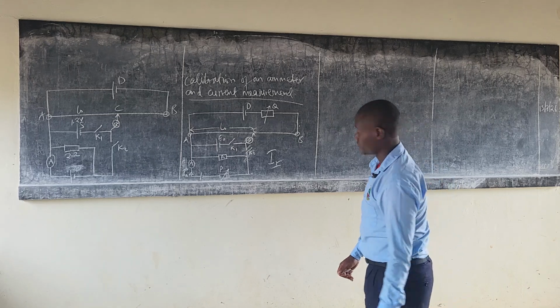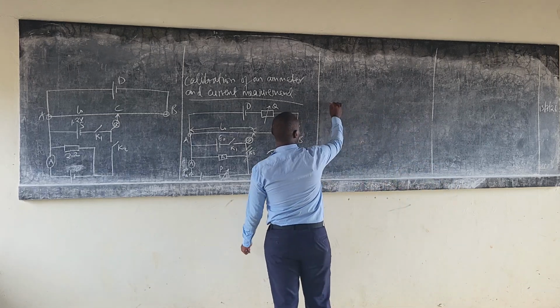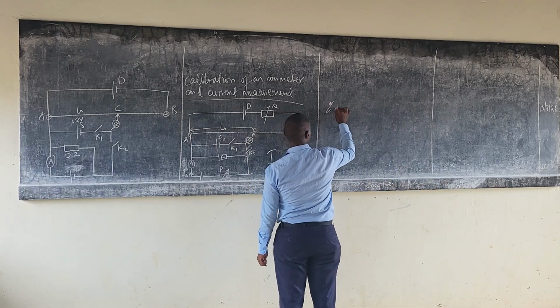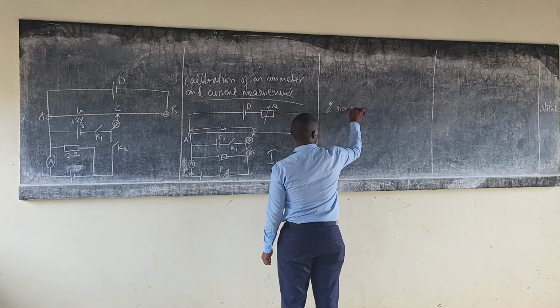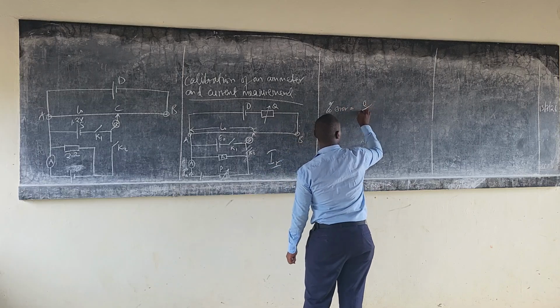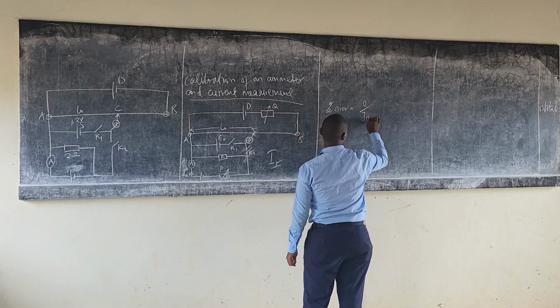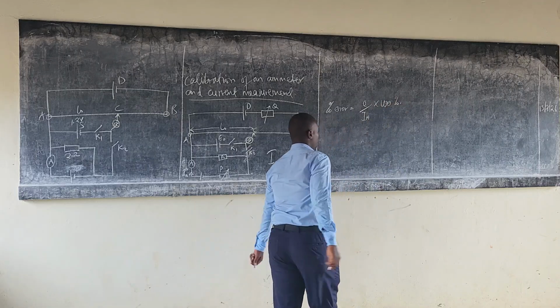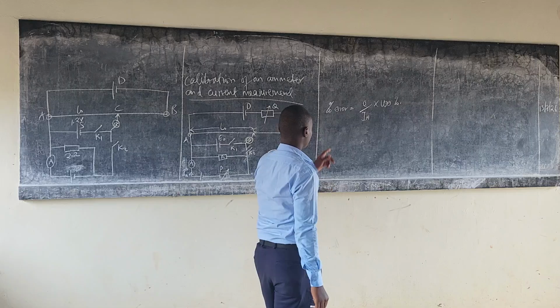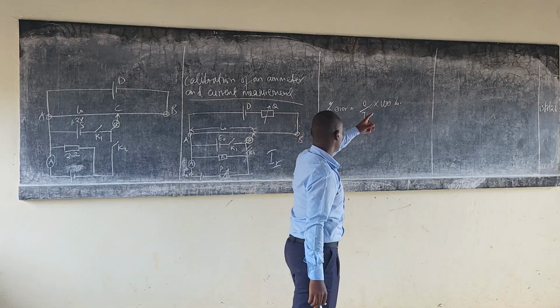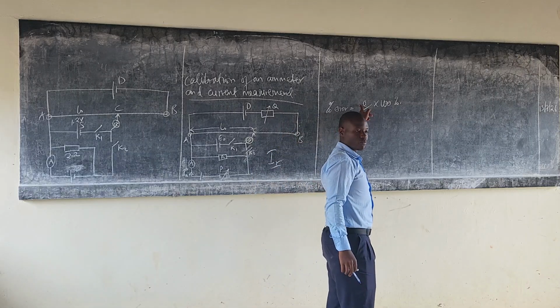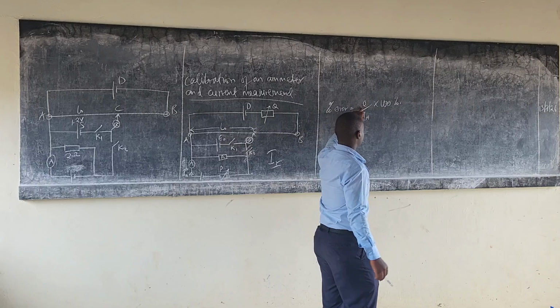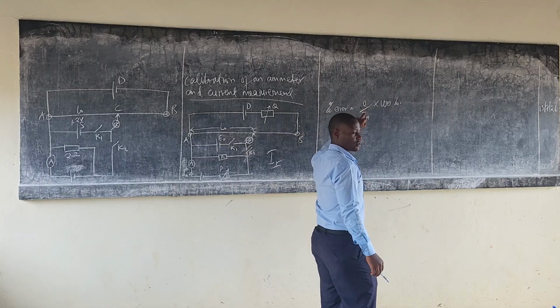And we all know that the percentage error is equal to the error over the actual value times 100 percent. And to have this, do we have it according to the question? What about this?